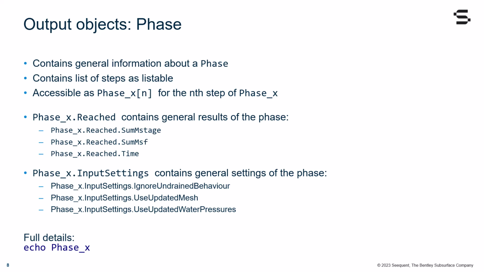The phasex.reached contains general results of the phase, such as phasex.reached.summstage, .summsf, and time. The phasex.inputsettings contains general settings of the phase, for example, ignore undrained behavior, use updated mesh, use updated water pressures. For the full details, run the command echo phasex.